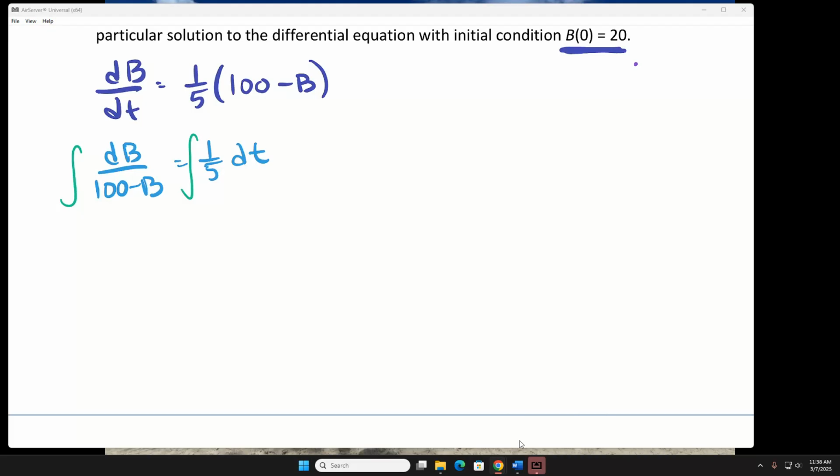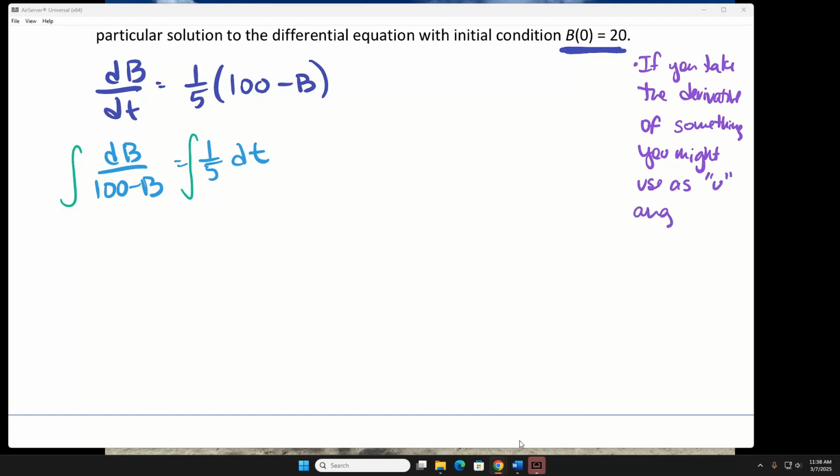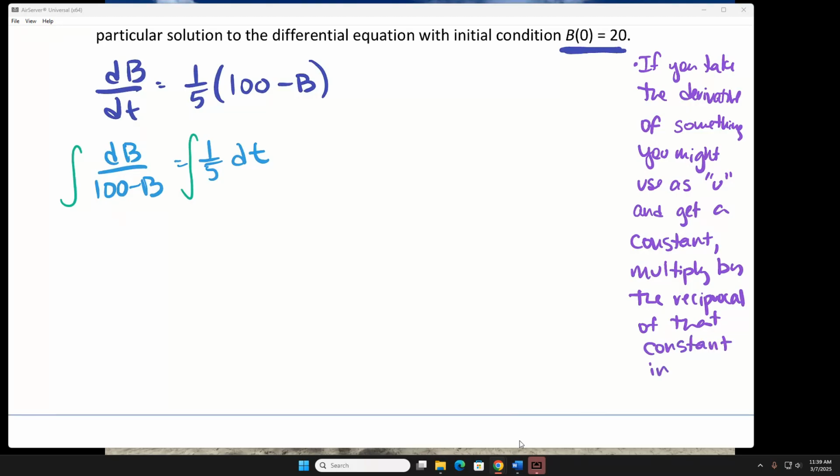So if you take the derivative of something you might use as u for u substitution, and get a constant, then just multiply by the reciprocal of that constant in front of the integral sign.